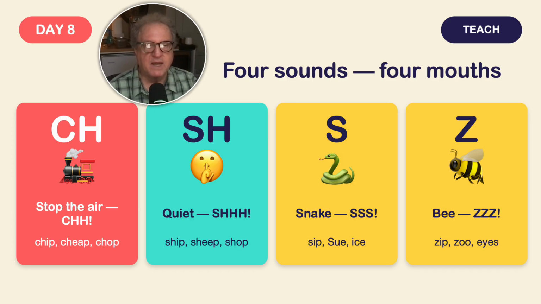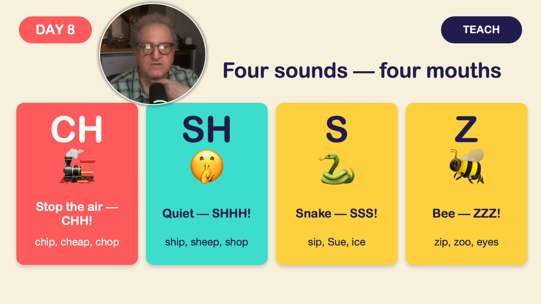And then the Z sound, and they have a picture of a bee because a bee makes a buzzing noise, bzzz, when it flies. That's the Z sound. The Z is the same as the S, except you make a voice with it.